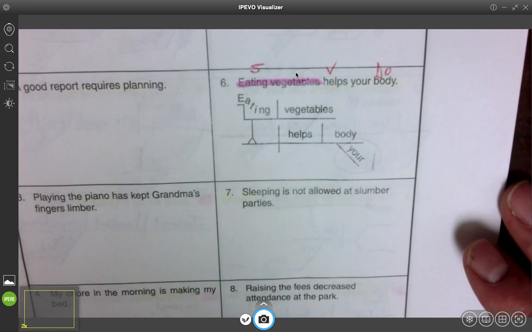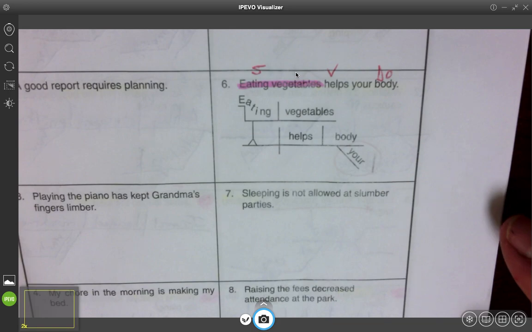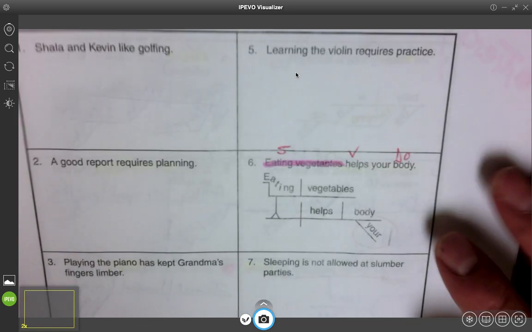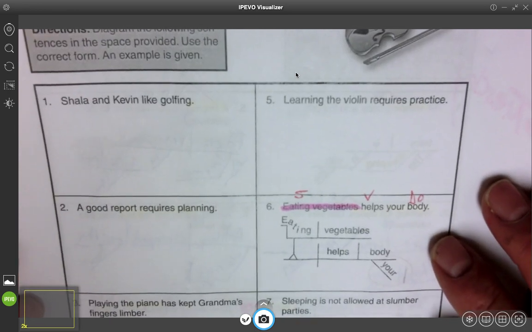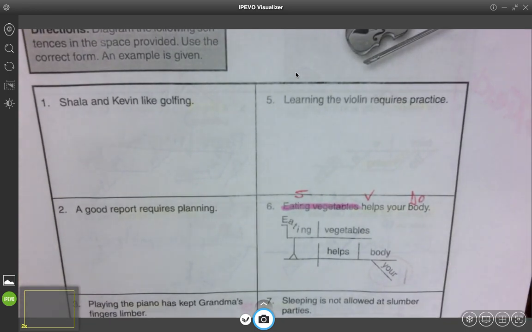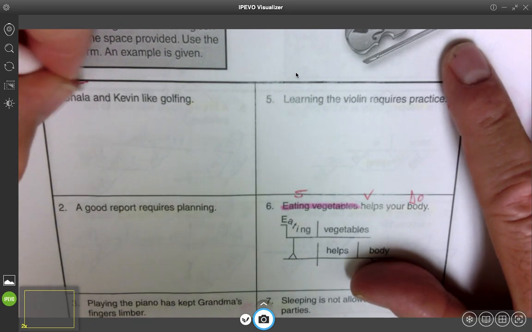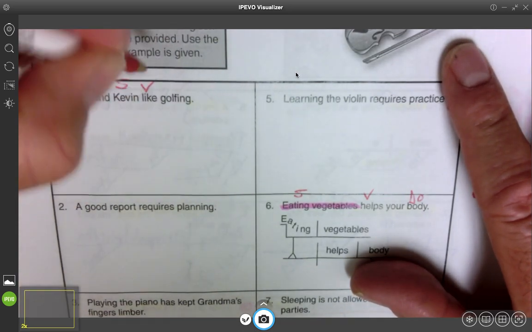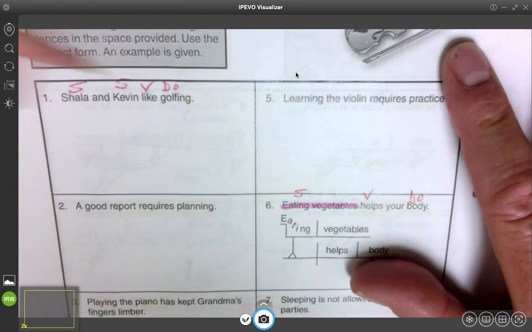As we take a look at these sentences, I think it's really going to be helpful that you label these sentence parts. Sentence number 1. Shala, Kevin like golfing.